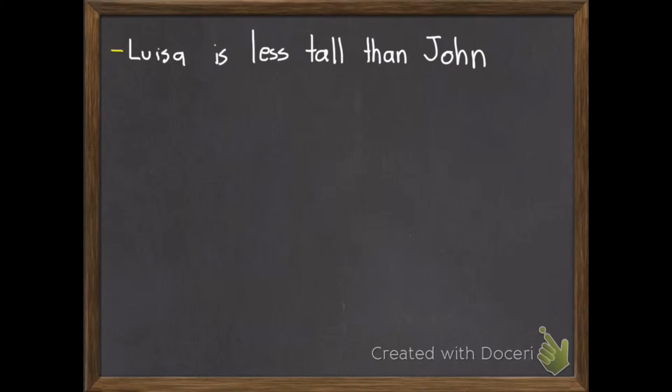Luisa is less tall than John. As you can see here, the comparative we're using is less than. And here the adjective is tall. So if we use the example that we used before, less than means that something is not as much as something else.